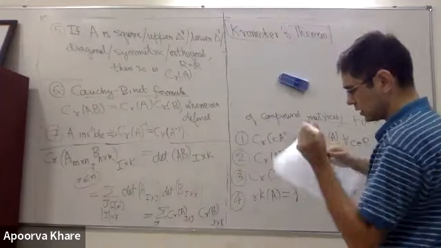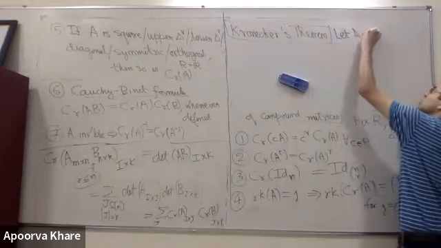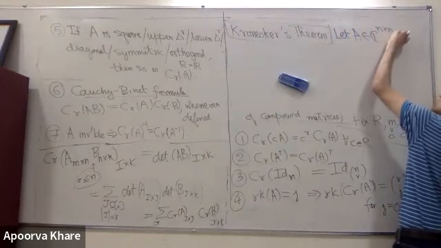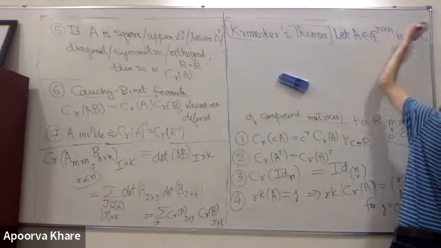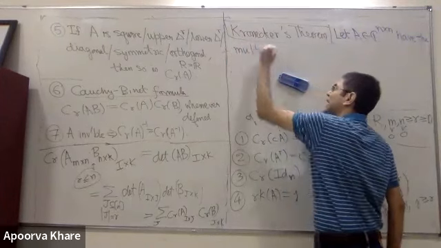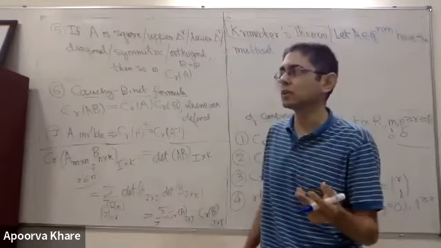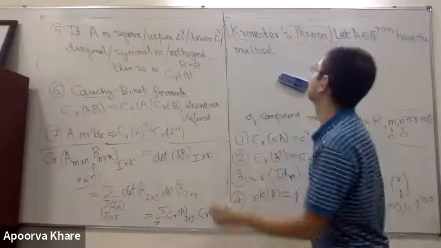So let A belong to C n cross n, and have the multi-set of eigenvalues, meaning I count the eigenvalues with their multiplicities. If three of the eigenvalues are 0, I use 0, 0, 0.